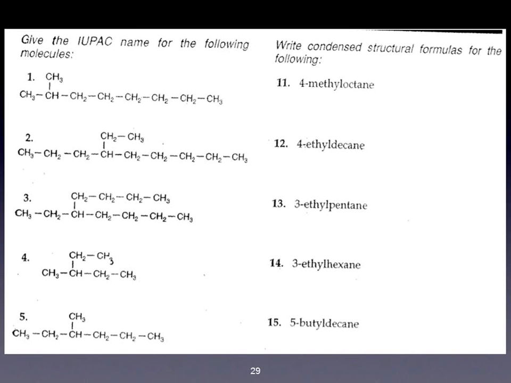For example, on number 11 here, 4-methyloctane, let's draw the carbon backbone with 8 carbons in the parent chain, because it's octane at the end of the name, and a one-carbon side chain, methyl, off the 4th carbon of the parent chain.